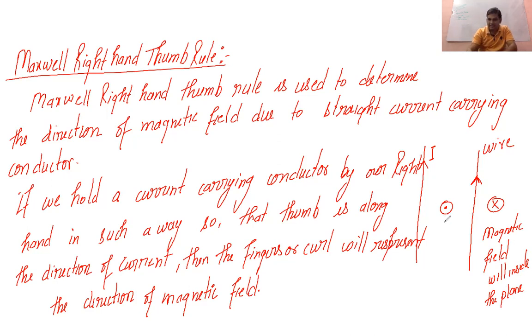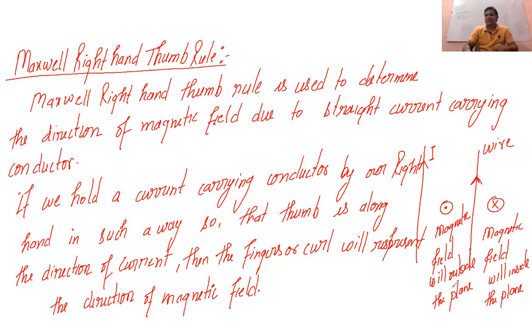So here the magnetic field will be outside the plane. This is basically how we can determine the direction of magnetic field.